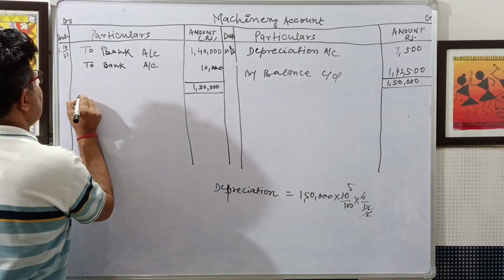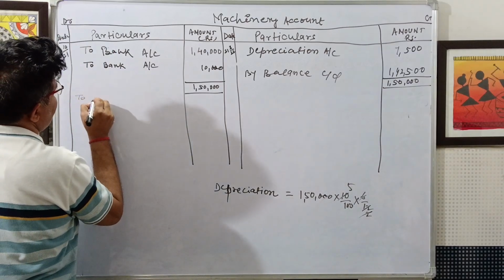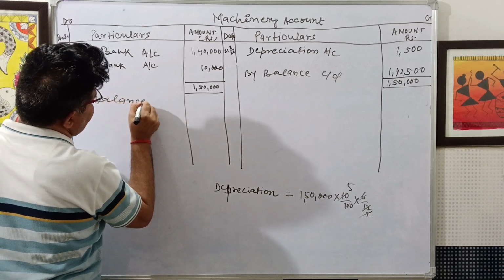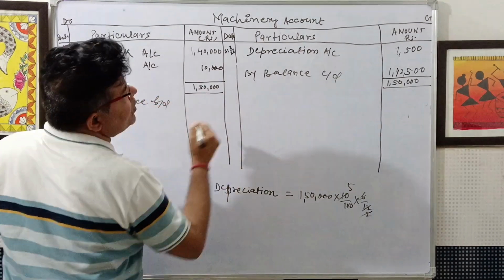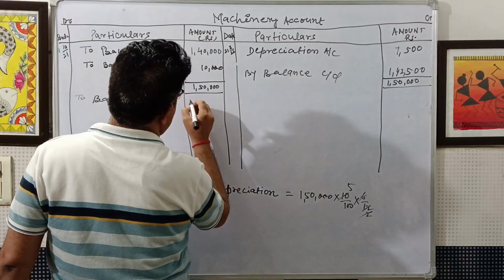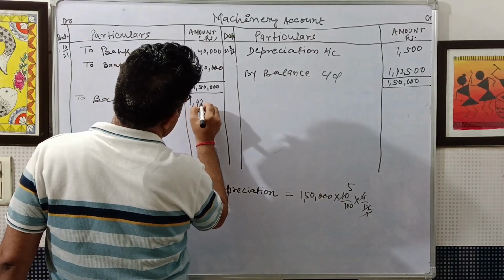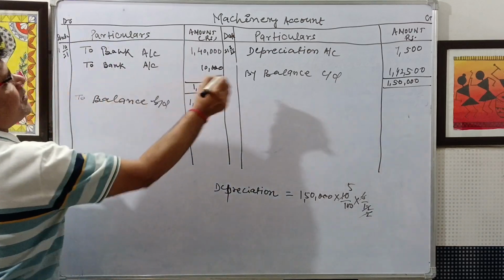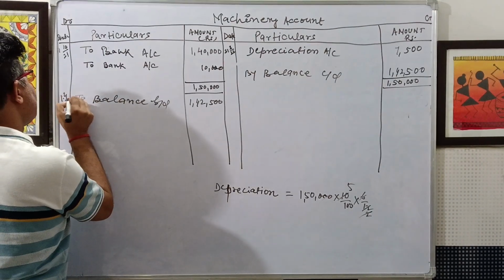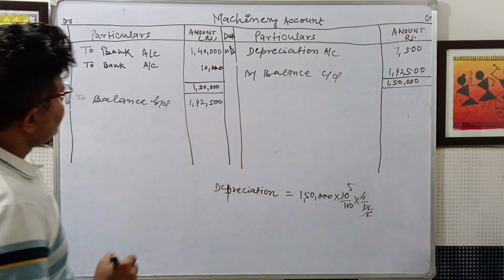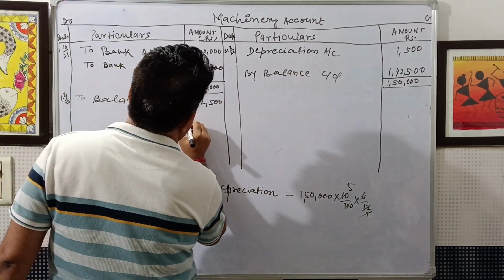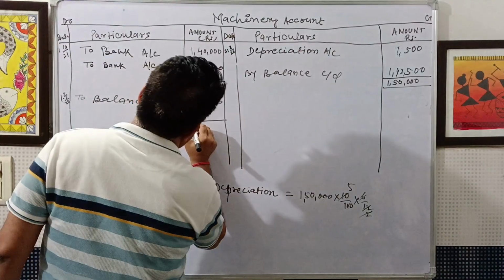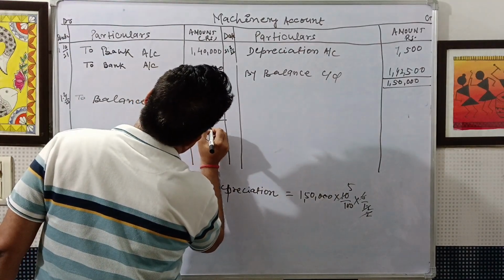Now right here to balance BD, brought down. How much? 1,42,500. So date is here 1st April 2022. And now 1,42,500.